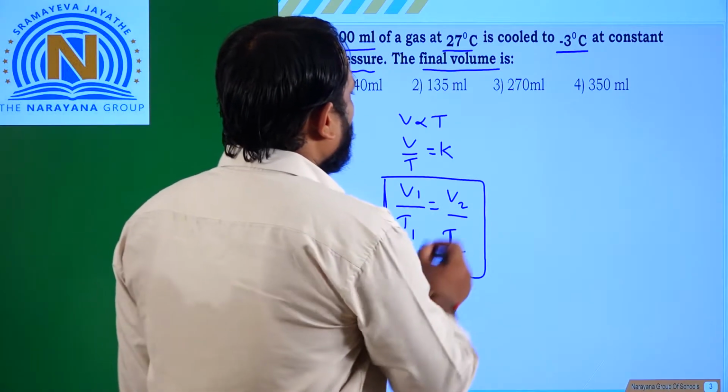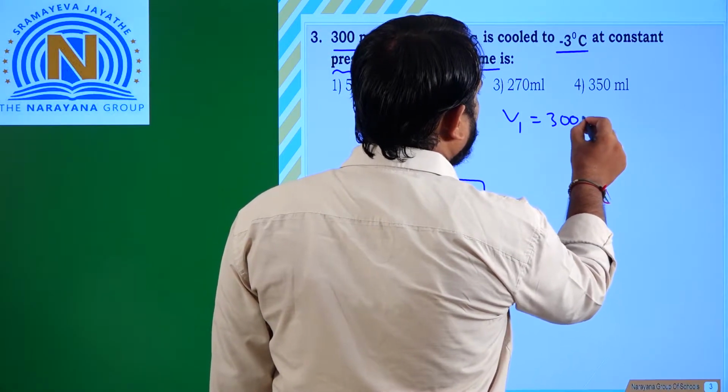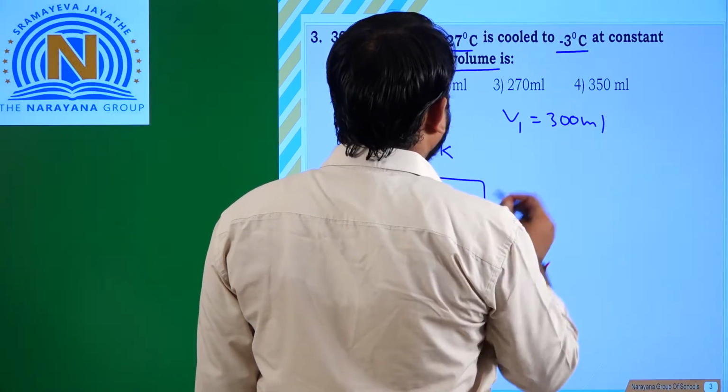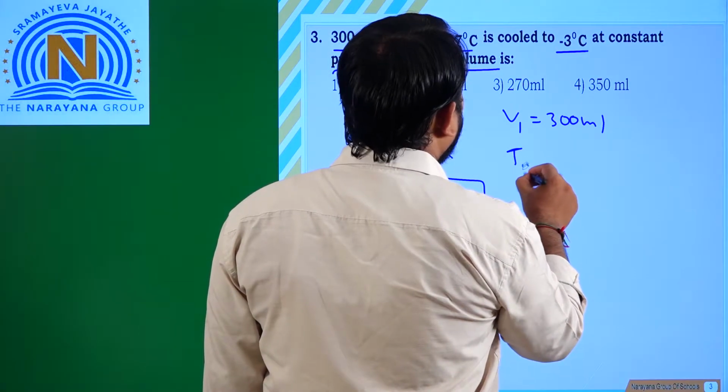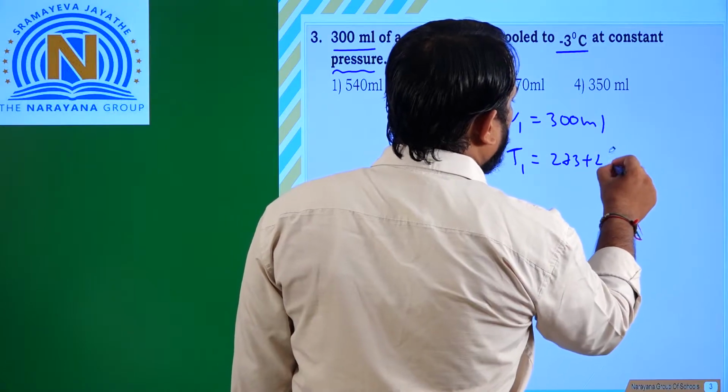So here, what is the V1 value given? V1 is 300 ml, right? And next T1 is 273 plus 27.